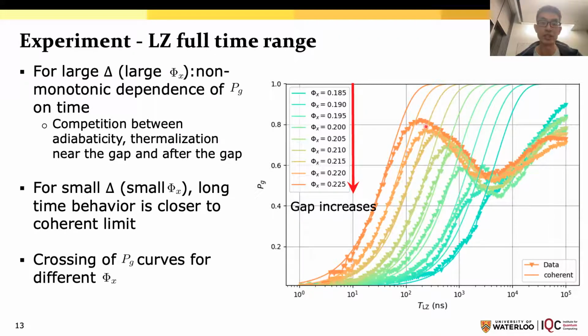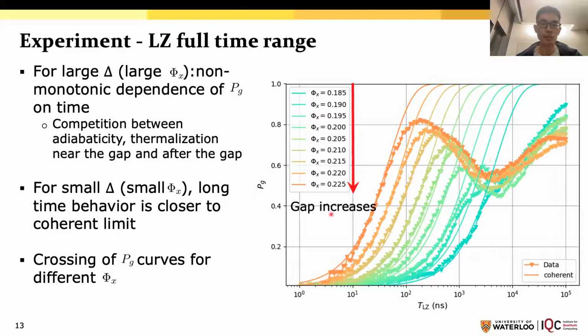And at intermediate times, it starts to go to 0.5. And then at long times, the final ground state probability starts to increase again. So this general trend agrees pretty well with the weak coupling limit result.